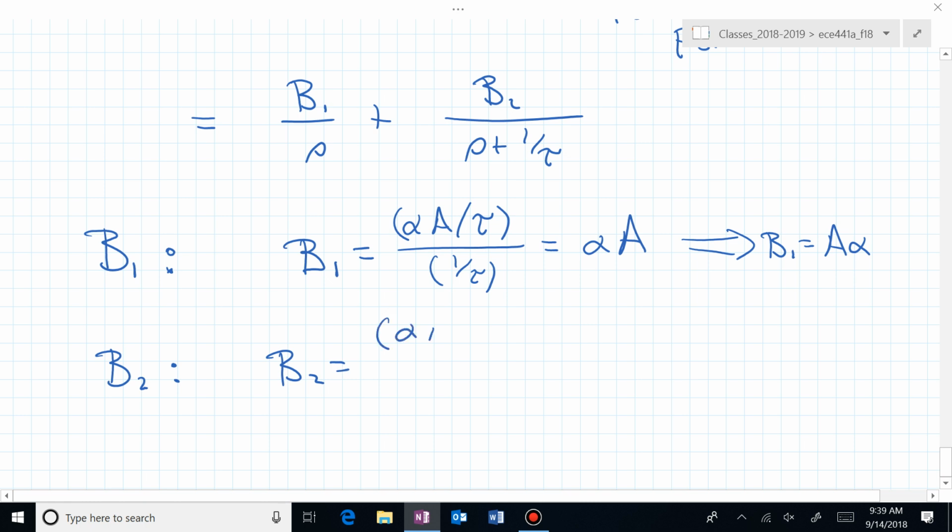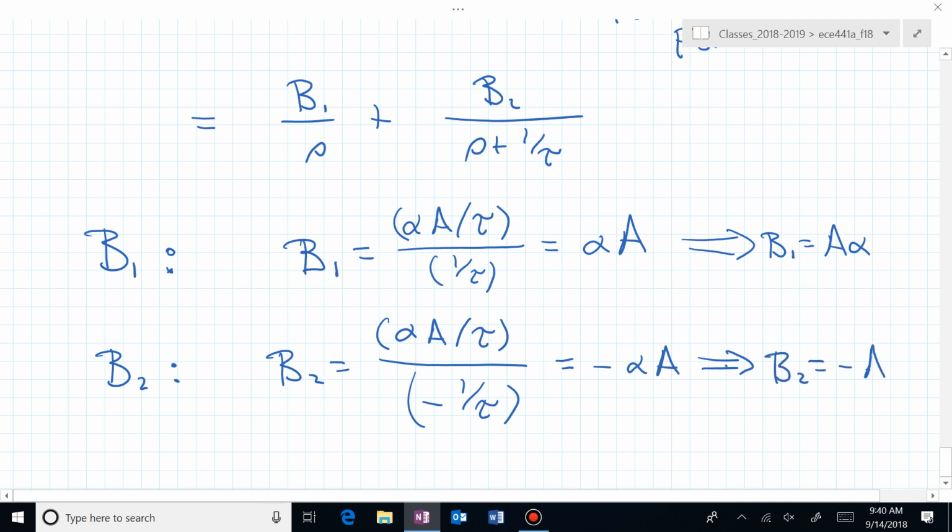The numerator hasn't changed any, but now we're left with s downstairs, and we said we replace s with whatever it was that caused that factor underneath b sub 2 to vanish, which was minus 1 over tau. And that looks similar, it's just now we have a negative sign. So that now b sub 2 is minus A alpha.